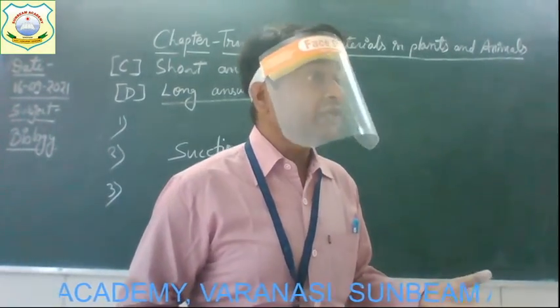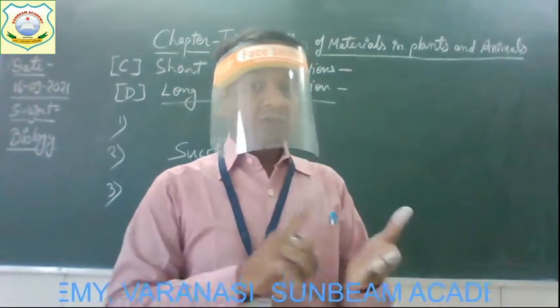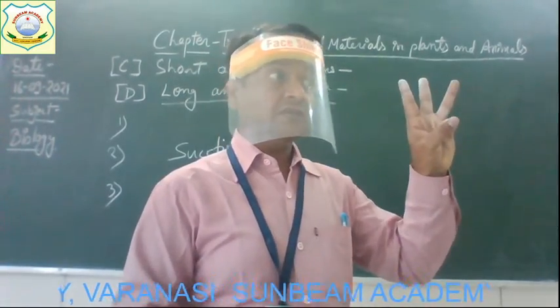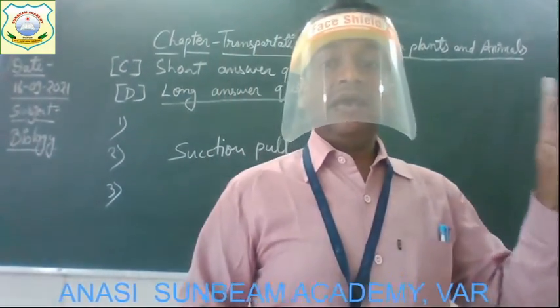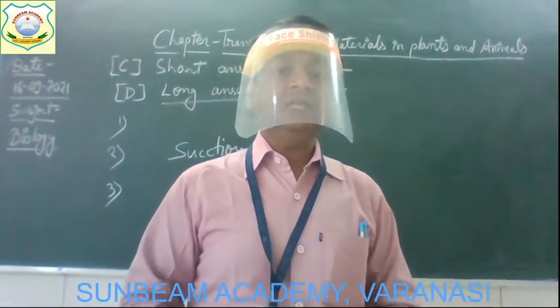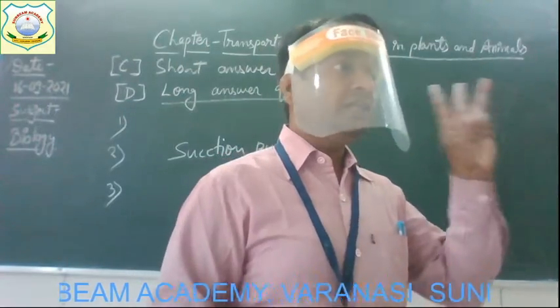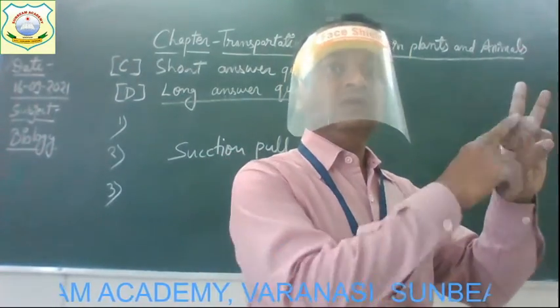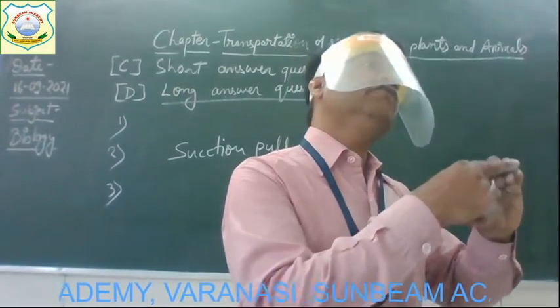So students, simply in the human body: food, oxygen, waste products, these three, and so on have to be transported from one part of the body to another part. Out of all these, the three important substances are food, oxygen and the waste material.